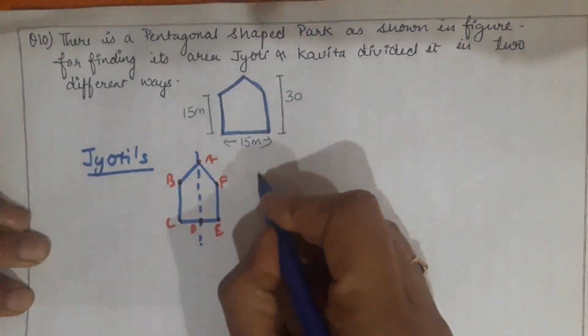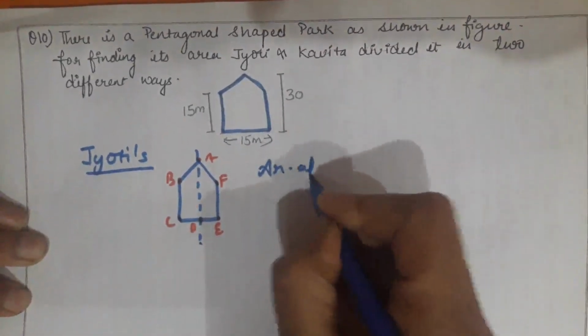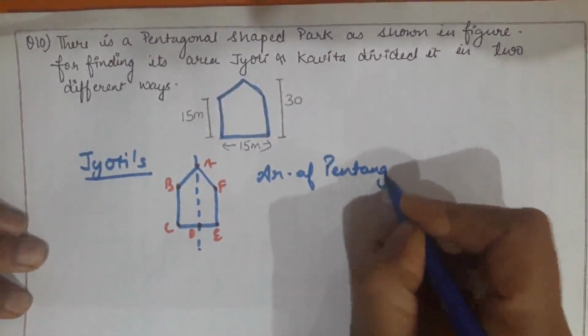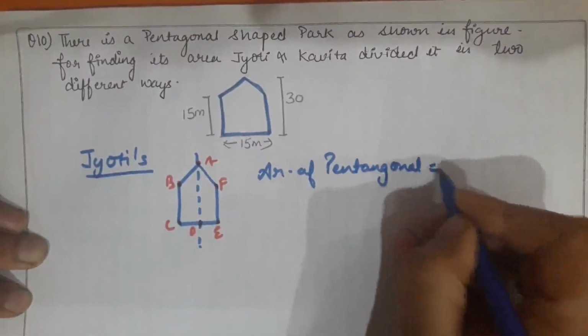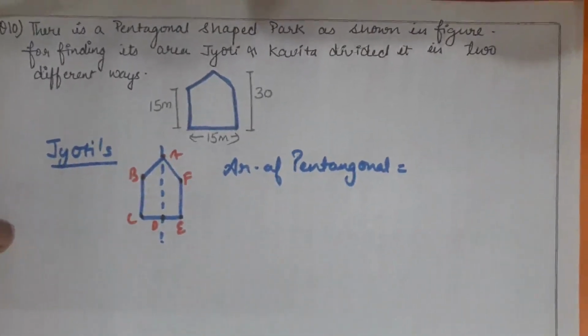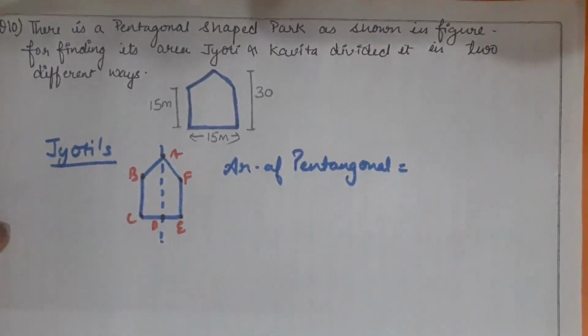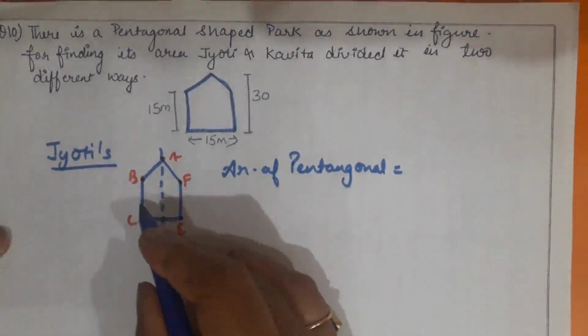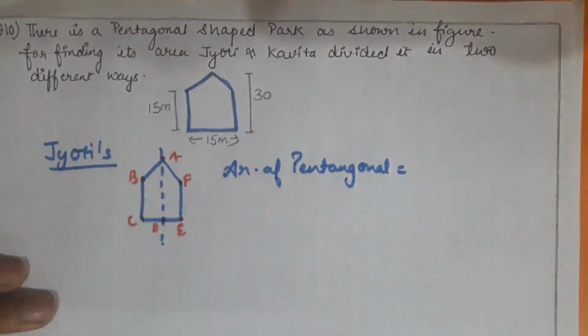So how can she calculate the pentagonal shape? Again, like in the previous question, we don't have one specific formula for finding the area of an octagonal shaped field. In the same manner, we don't have any pentagon formula. So we have divided it into two trapeziums.